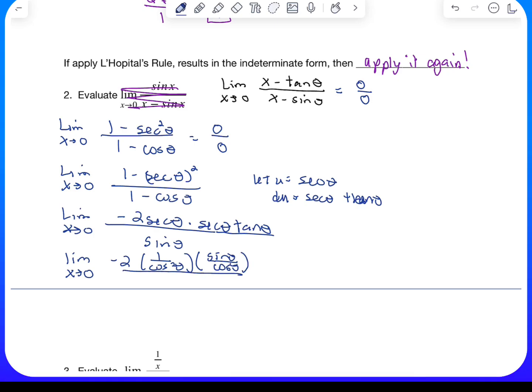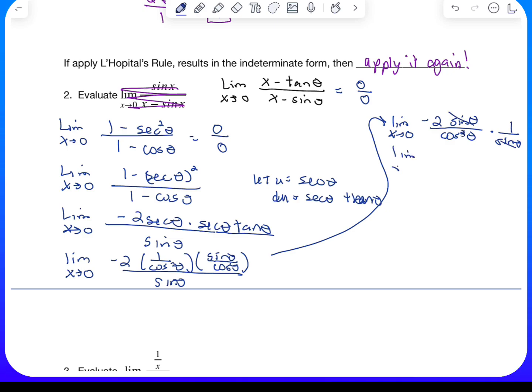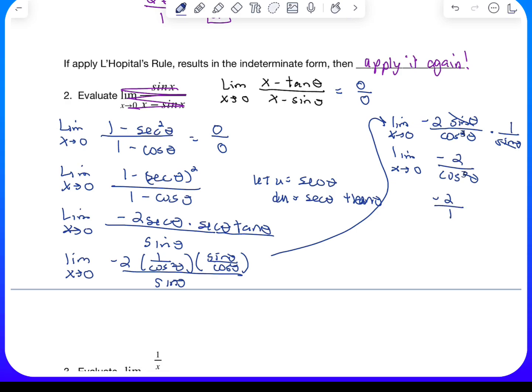And if I'm dividing by sine, I could rewrite this as a limit as x goes to 0 of negative 2 times sine of theta over cosine cubed of theta times 1 over sine theta, which gives us negative 2 over cosine cubed theta, which is negative 2, which is just simply negative 2.